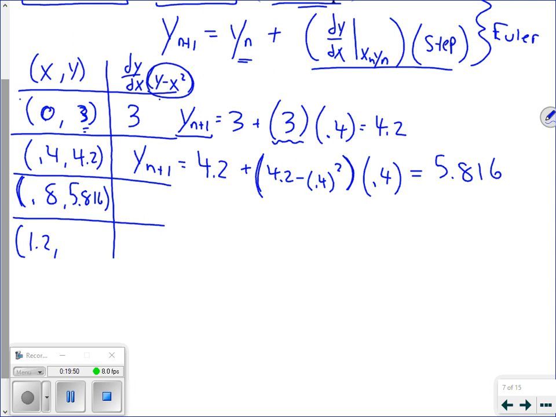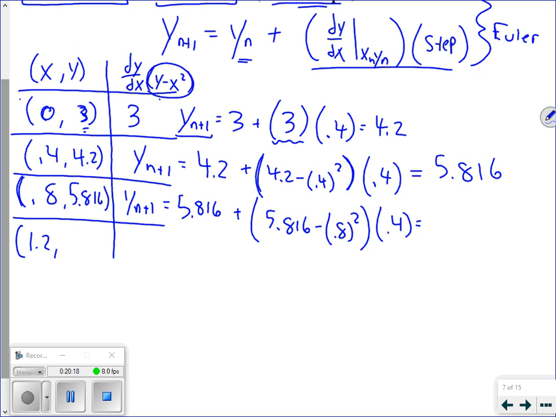Now, to get my next and final y value, it's going to be my previous y value, so 5.816 plus my slope at my current point, and we're using the current point that we have. So that's y minus, or 5.816 minus 0.8 squared. So that's y minus x squared times my step size, 0.4. And I encourage you to pause the video and see if you can get this on your own, but I got that ended up being 7.8864, and so that's my final answer.